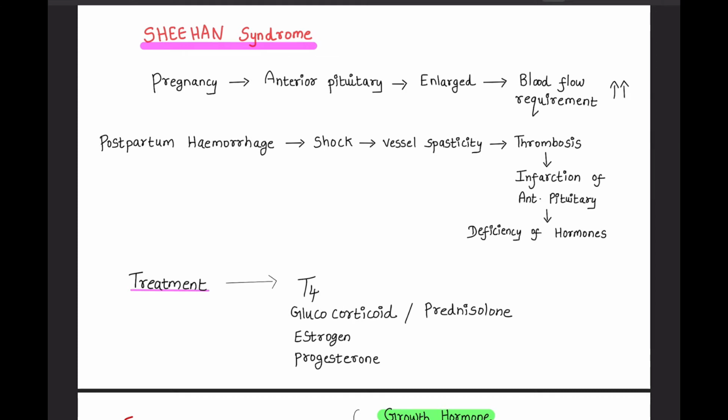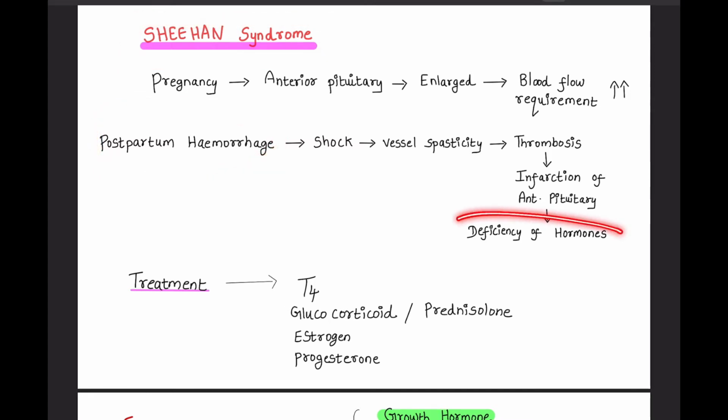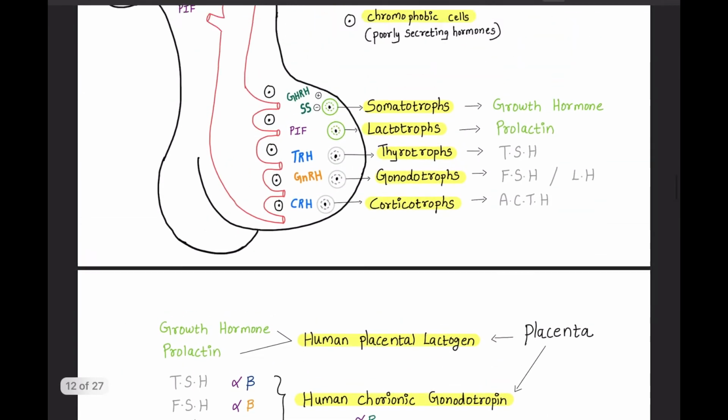Each deficiency of each hormone is related with a specific disease. We will not discuss that clinical picture here. The whole picture is known as Sheehan syndrome. So whenever there is a postpartum hemorrhage, all hormones are decreased or deficient except prolactin.